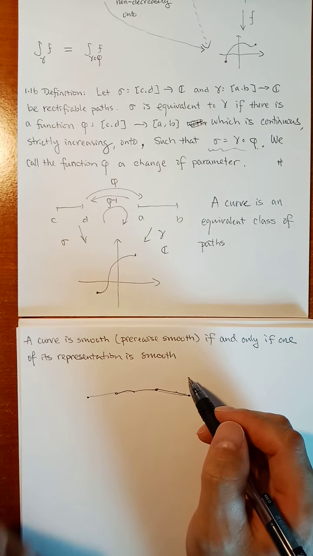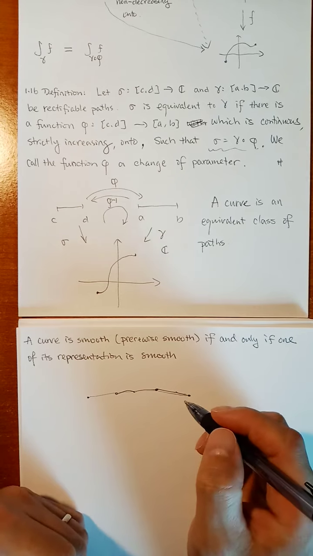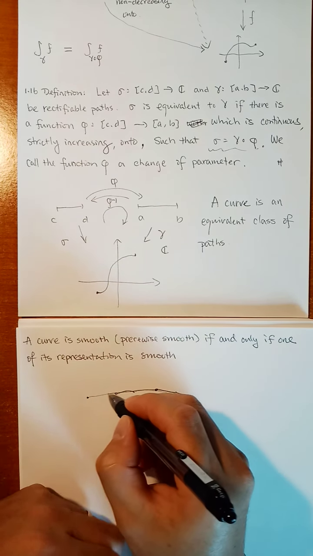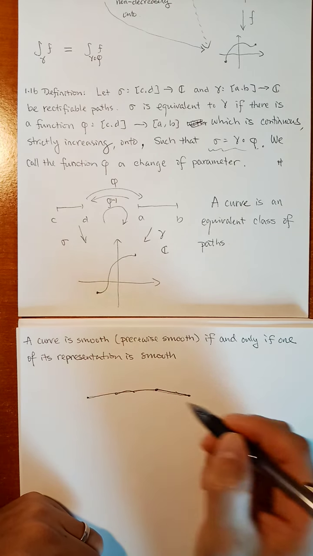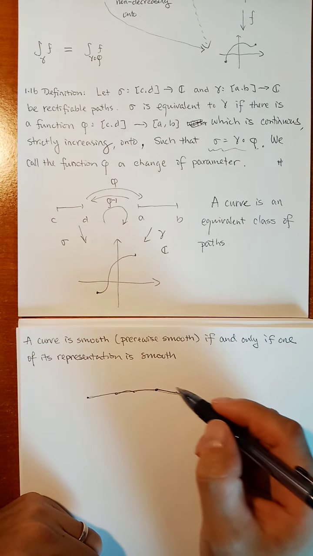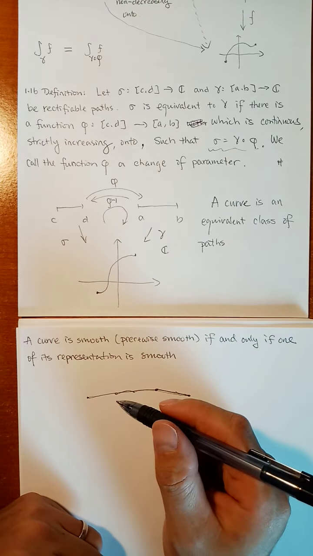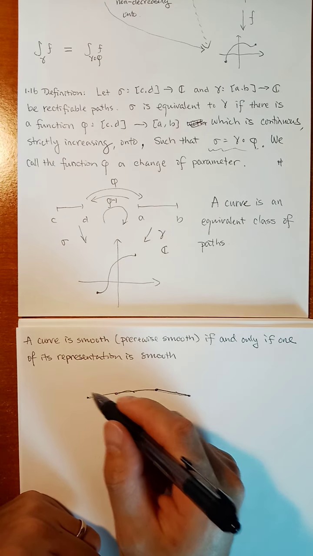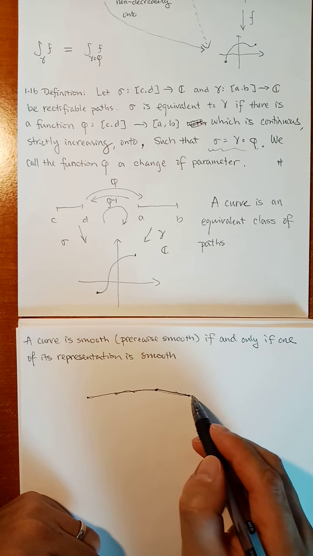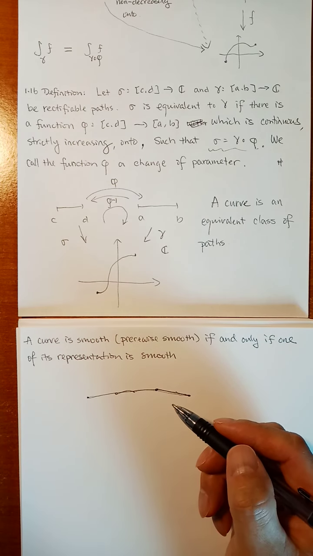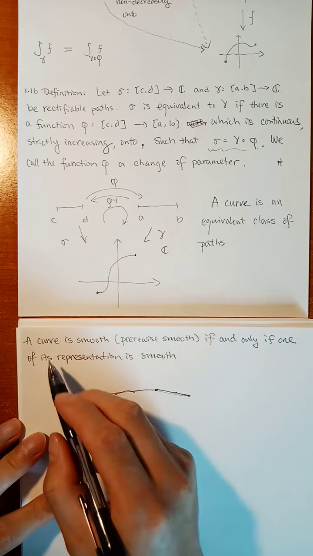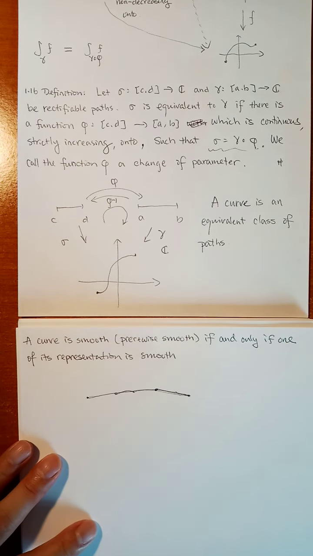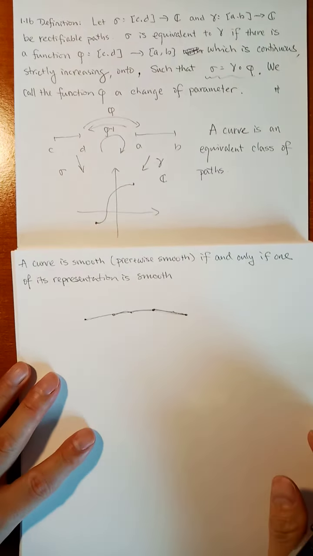They just change your realization. You could also just smoothly drive from San Juan to Mayagüez. That realization is smooth, and if that realization is smooth, it guarantees that this set is actually smooth enough. So we say a curve is smooth if one of its realizations is smooth, or piecewise smooth.